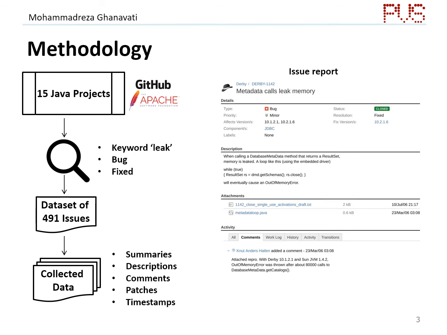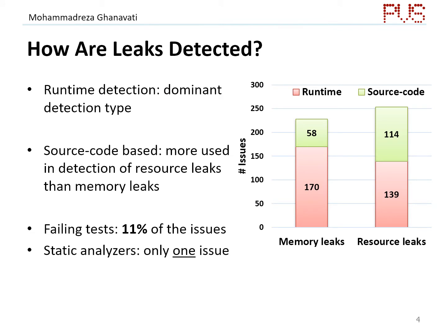In the first question, we wanted to find out how the leaks are detected by the users. We found 2 main methods, source code analysis and runtime analysis. As you can see, the runtime detection was more common, and more resource leaks than memory leaks were detected by source code analysis. We also found 2 other interesting results.